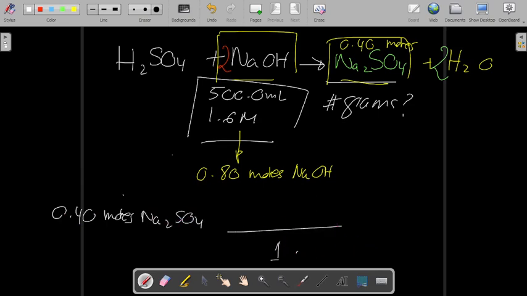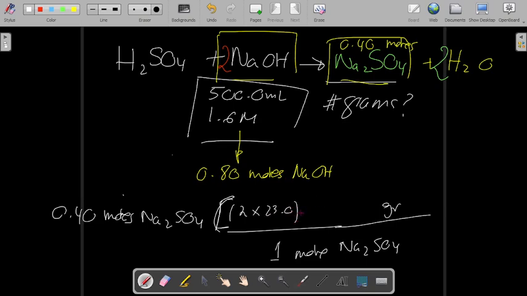I know that 1 mole of that sodium sulfate is the same amount of grams as if I add all the AMUs. So go find the sodium in the periodic table. Sodium is in the first column. I'm going to add a bracket here because there are 2 atoms and each one is 23. What else is there? Well, there's a sulfur too. 1 sulfur times, let's see, sulfur, where are you? Sulfur here, number 16 is 32.1.